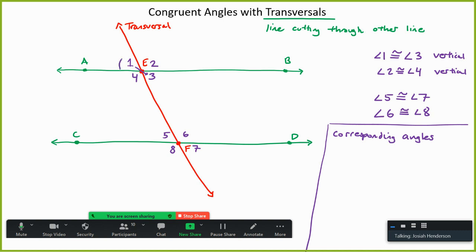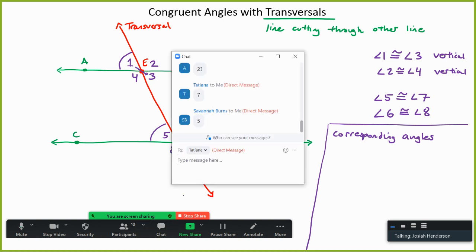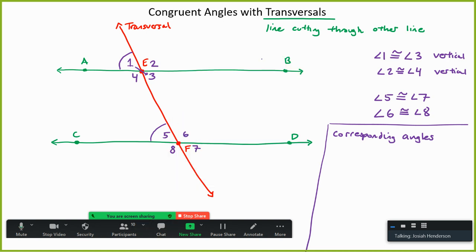So angle 1 at the very top, what's in the same position below as angle 1 is? See how there's like a set of 4, 1, 2, 3, 4, and then at the bottom we have 5, 6, 7, 8. So which one of the 5, 6, 7, or 8 are in that same exact position, like the top left? Angle 5 is in the top left. Ooh, in the chat? Very good, Savannah. Exactly. So corresponding angles are angle 1 and angle 5. Those are in the same position. And because the green lines are parallel, it means that angle 1 and angle 5 are also congruent.